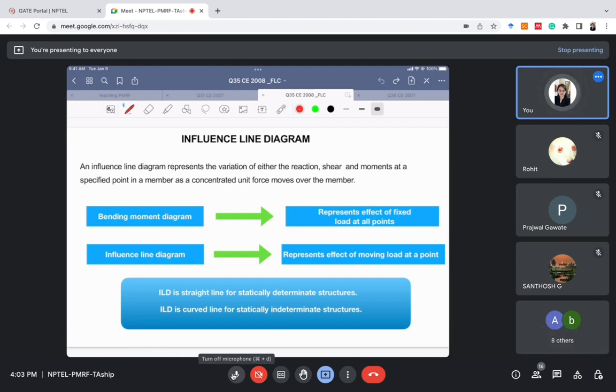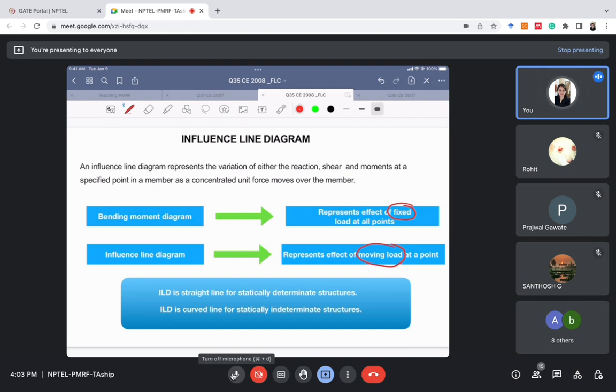Now, what is the difference between the bending moment diagram and the influence line diagram? The bending moment diagram represents the effect of fixed load at all the points, while the influence line diagram represents the effect of moving load at a point. So in the bending moment diagram, the load is fixed, but we are calculating the force at all the points.